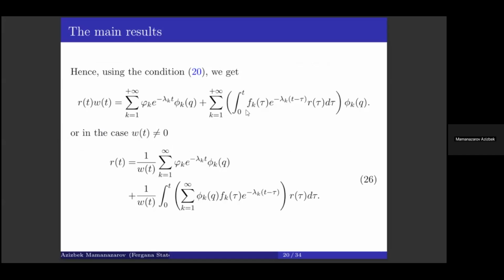And as we assumed W of t is non-zero, from the last we have the following equalities 26. If we can show the convergence of this series, then we can consider this as a second kind Volterra integral equation with respect to the unknown function r of t.